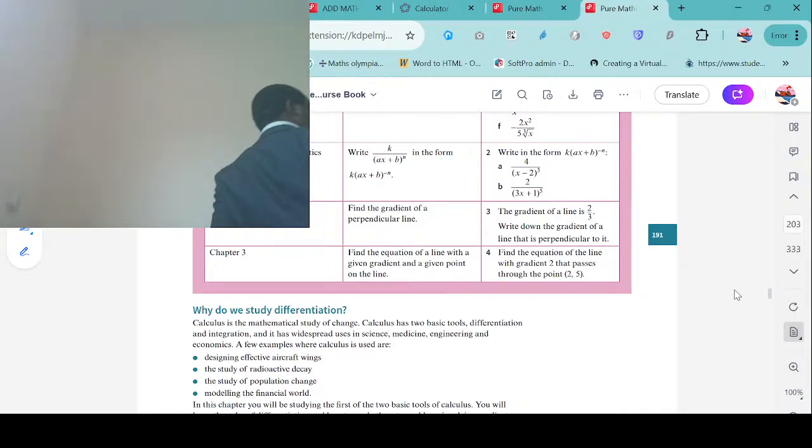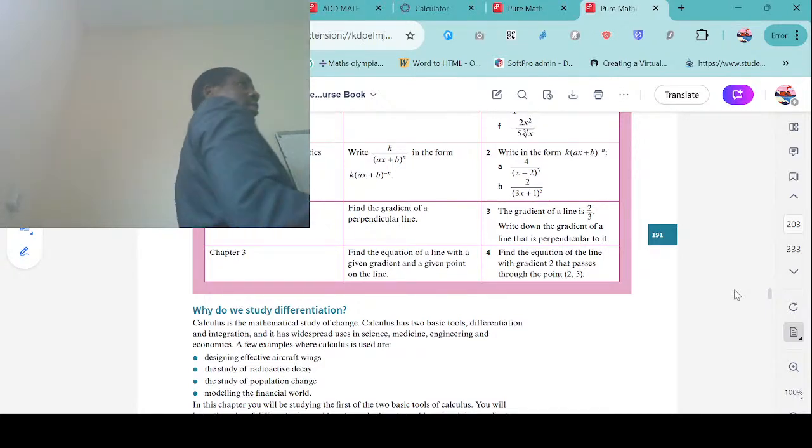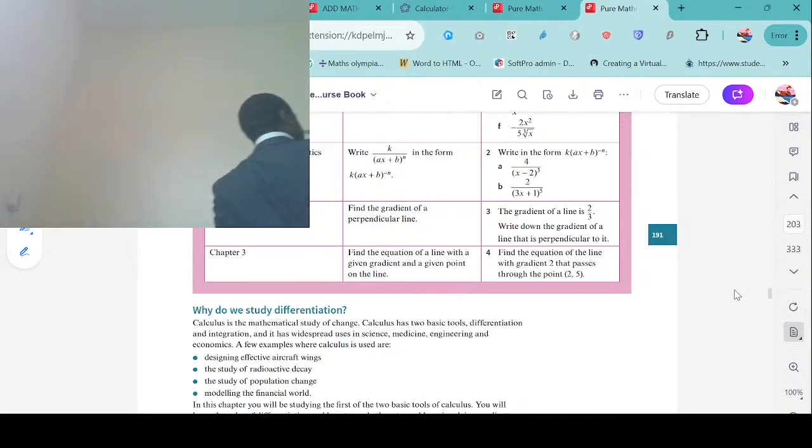And use your algebra. So you draw your straight line passing through those points. So this is x equals 2. And then you now want to construct your triangle. So if you construct your triangle, how do you find the gradient of the line?